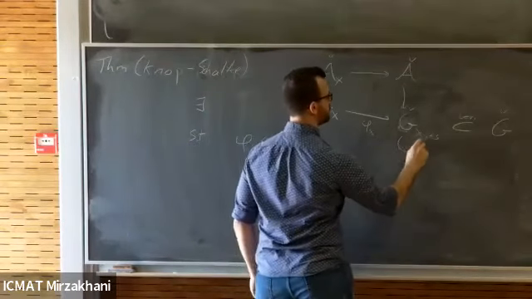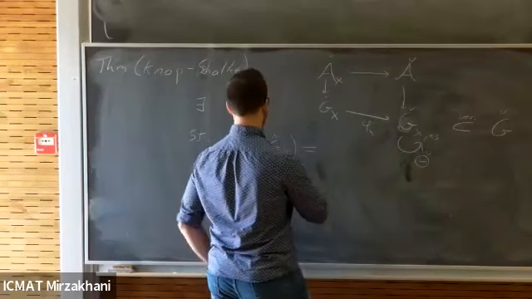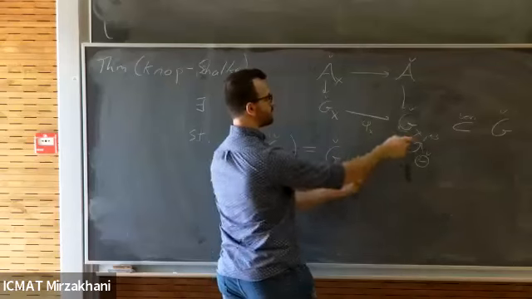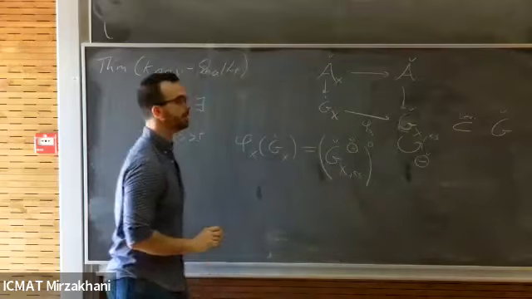So there's some involution here, which I'll call theta check, for which the image is: I take this Levi, the so-called associated group, I take its fixed points, and then I take the connected component.